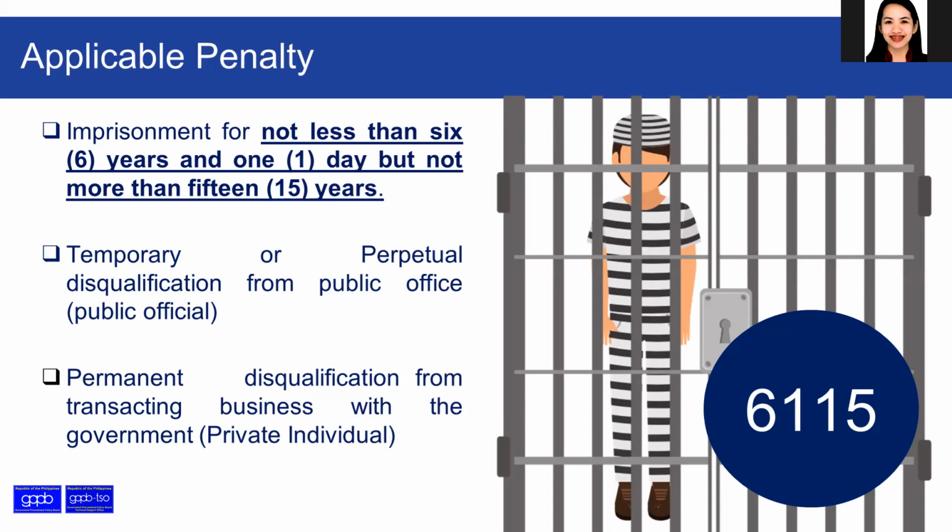And then, of course, other than the imprisonment, other than the disqualification from public office, also the permanent disqualification from transacting business with the government if you're a private individual.